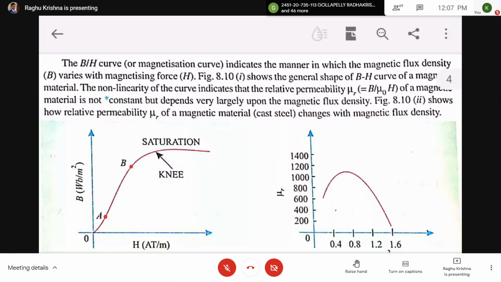So flux per square meter is the flux density. In the BH curve, B is the flux density and H is the magnetic field intensity, or it is called the magnetizing force. So H is the magnetizing force, B is the magnetic flux density.